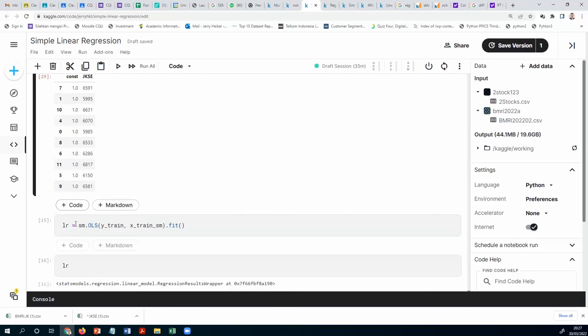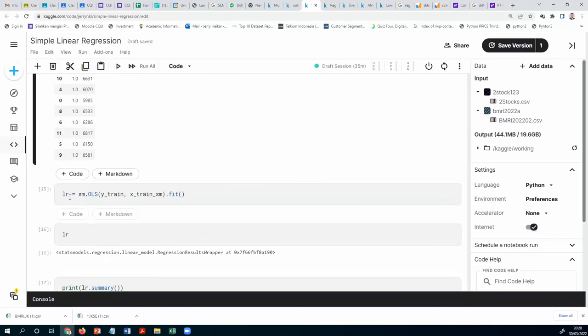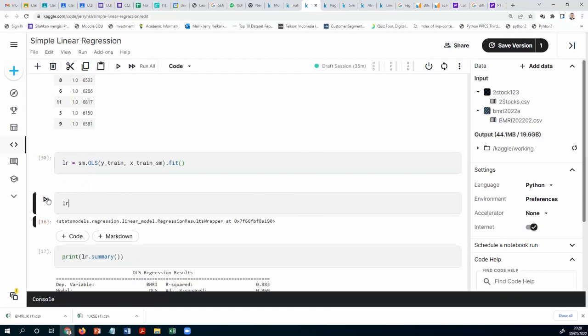And then linear regression equal to statistical model dot OLS, bracket the Y train and X train statistical model, and we fit the data. Yeah. And then let's call it the linear regression, and we already call it.